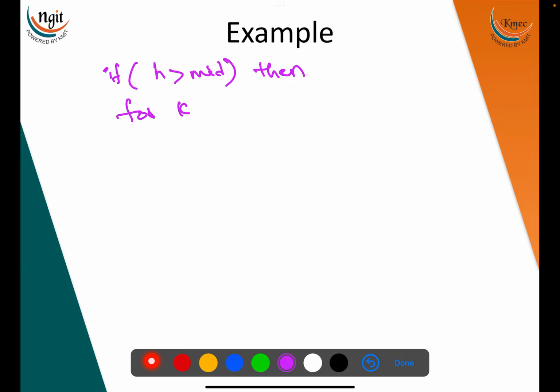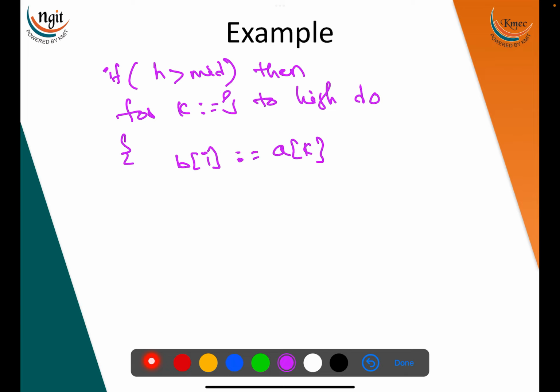That means whichever values are left over in the set, those values we will be writing down till you meet high. That B of i is equal to A of k. Now i is equal to i plus 1.